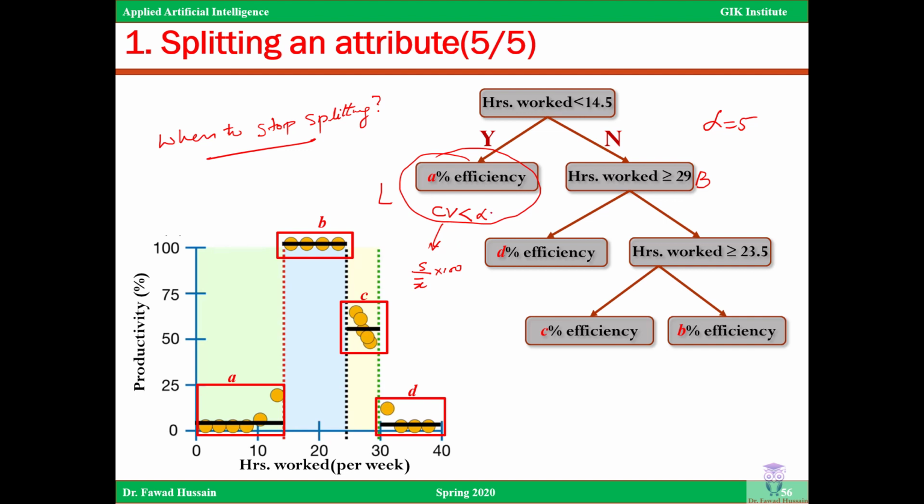So if this value is less than alpha, which in this case is 5, that's why I decide not to go any further with this node, while for this case the CV is greater than alpha, and that's why we are going to continue the split. So that was the reason we stopped here and we decided to continue in this case.